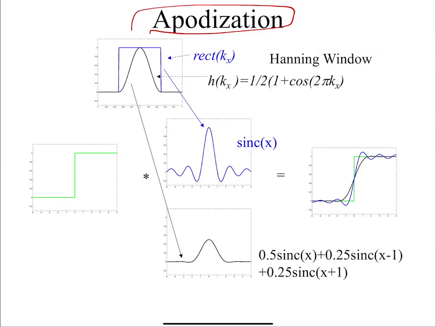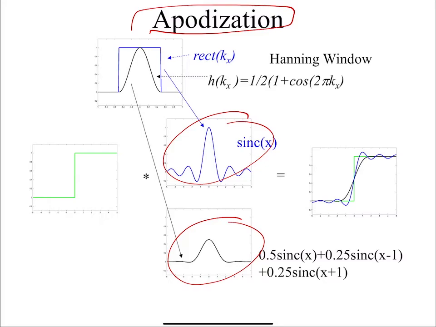In MR, the idea is instead of just truncating K-space with a sharp edge, we're going to slowly window it. So now, instead of the Fourier transform of a rect function, we have the Fourier transform of a smooth function, which tends to be smoother. So instead of this sinc function, we have this nice smooth function here.